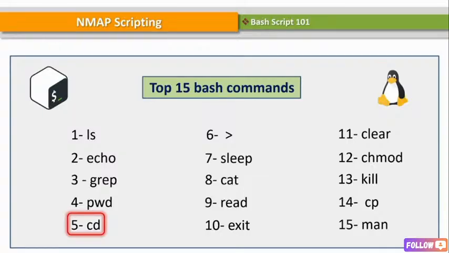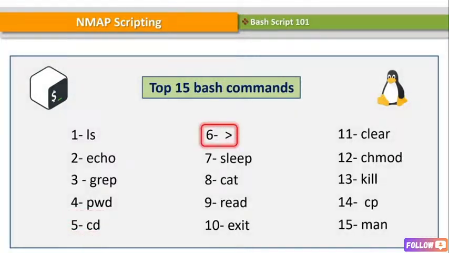Some people confuse it with change directory, and no. Remember current directory. Anyway. The sixth is redirect, stdout. So the greater than character is the redirect operator. It takes the output from the preceding command that you'd normally see in the terminal and sends it to a file that you give it.